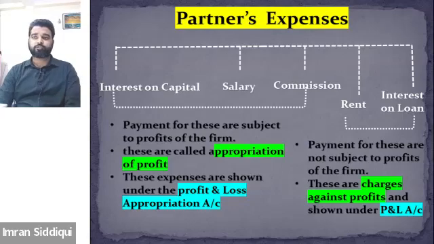So these are considered as charges against profit, and therefore they are recorded under the profit and loss account. But interest on capital, salary, and commission are considered as appropriation of profit. These will be paid only if the firm is generating profit, so they will be shown under the profit and loss appropriation account.